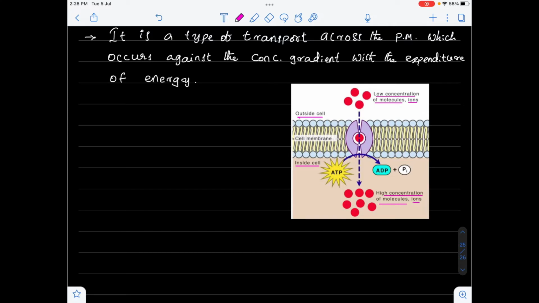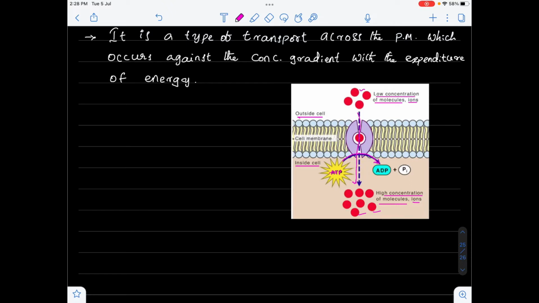Now see here, the concentration of ions or molecules is more here, and here the concentration is less, and they are moving from the region of their low concentration to high concentration with the expenditure of energy. Here the ATP is used up to produce energy.